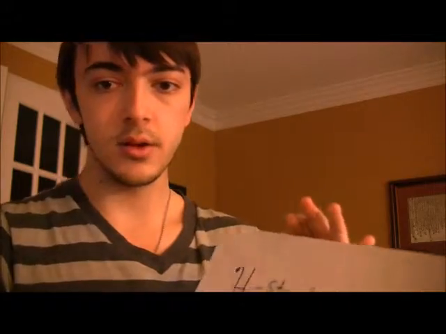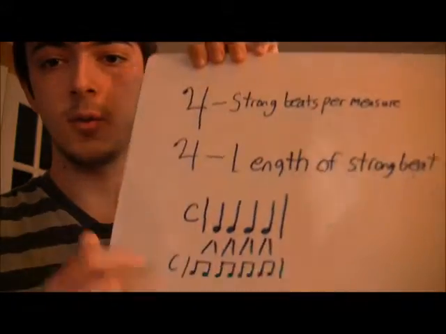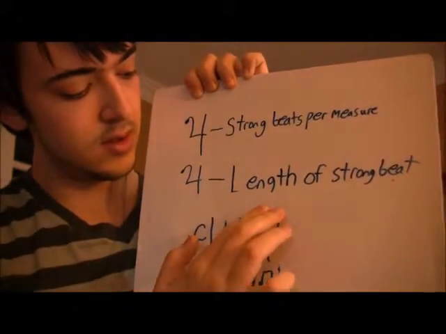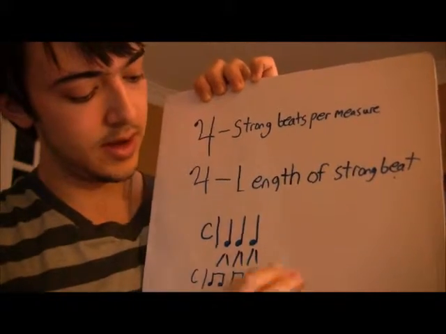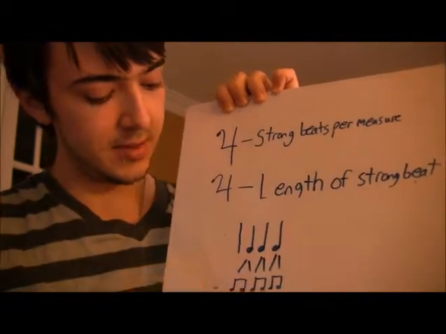Now another kind of measure is a 2/2 measure, where there are 2 strong beats per measure, and the half note gets the strong beat, but you don't know half notes yet exactly, so I can't really show it to you. Another one is 3/4. So this is 4/4, and for 3/4, I'll take off one entire beat, and that also changes the name right here.